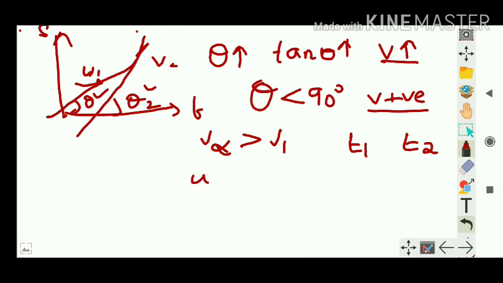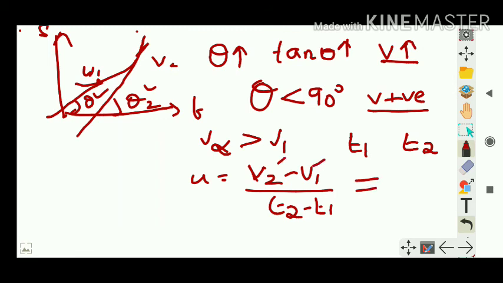Then acceleration is v2 minus v1 divided by t2 minus t1. Simple, right? Since v2 is greater than v1, acceleration is positive. Clear? So positive and increasing velocity means acceleration is also positive. Simple as it is.